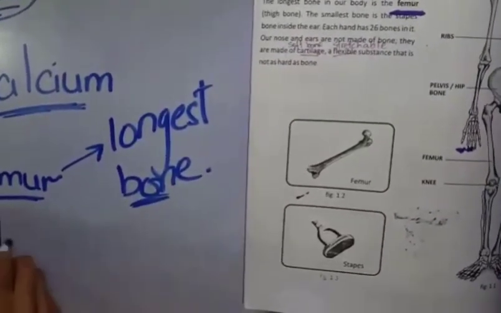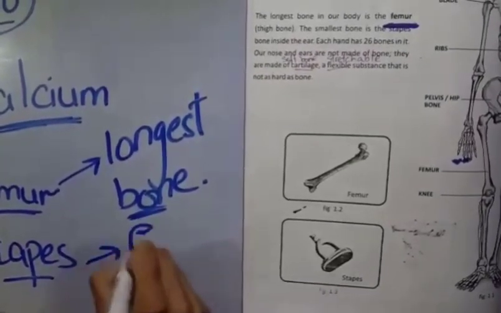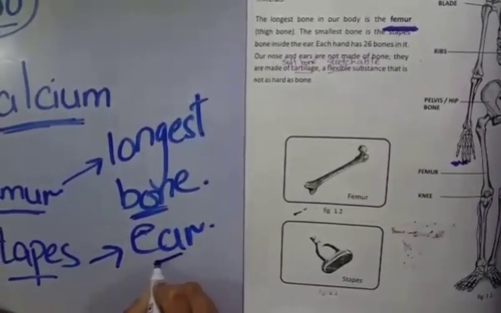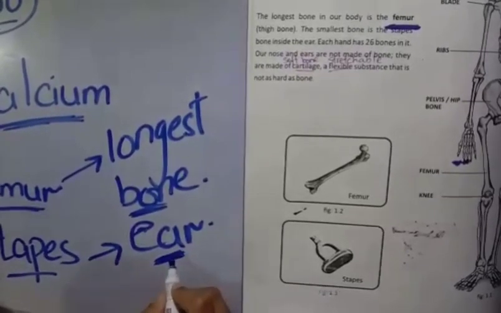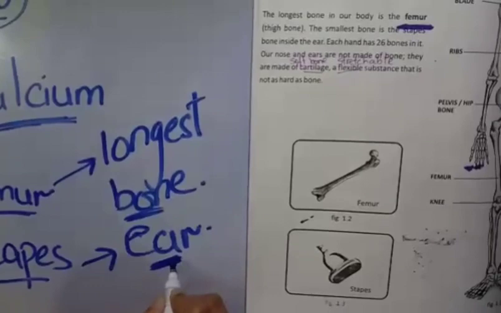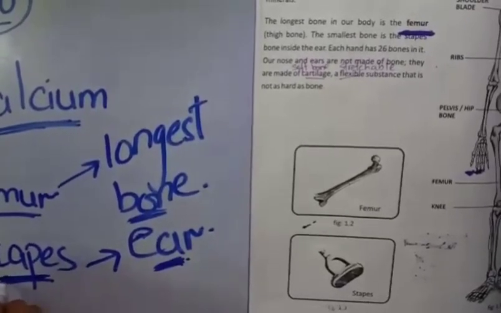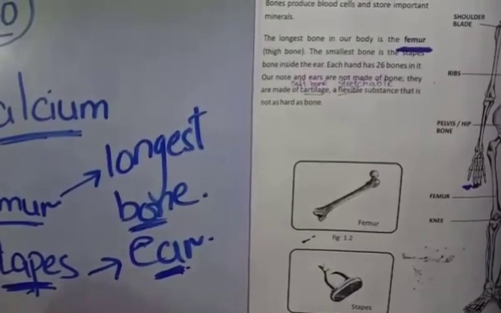And the stapes. Stapes is the bone that is present in our middle ear. Our ear is divided into three parts. We discussed this in our early classes, like in grade 4. I told you our ear has three parts: outer ear, middle ear and inner ear. So stapes is the smallest bone, present in the middle ear.